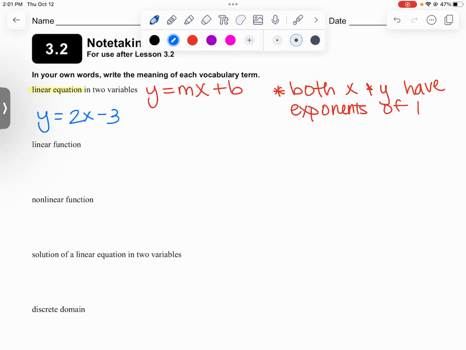Now, graphically, a linear function is going to be a non-vertical line. Like maybe it has a positive slope, maybe it has a negative slope, maybe it has no slope. What one do you think is positive?